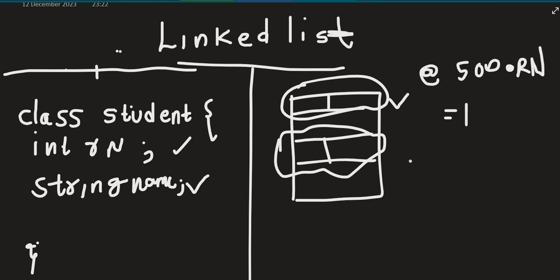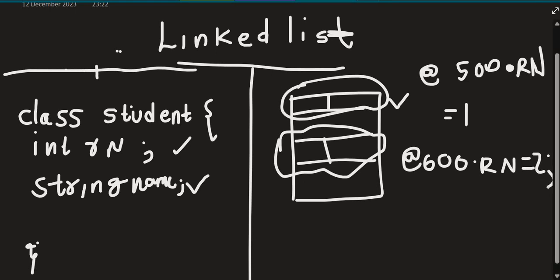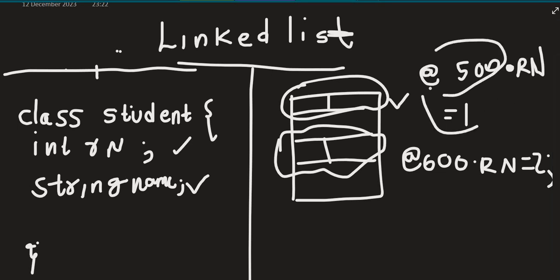Internally it is happening. 600 dot roll number is equal to 2. So what is actually happening? If you want to initialize, then I want the address. Address plays a very important role. This is the first student's address, and this is the second student's address.